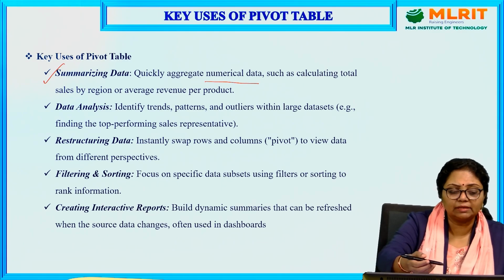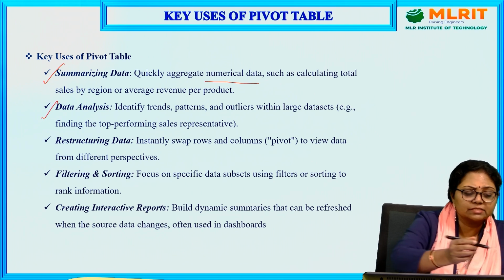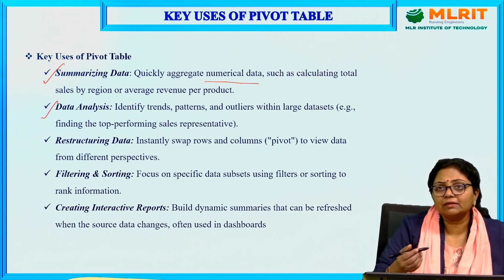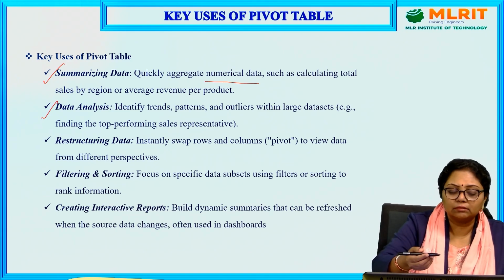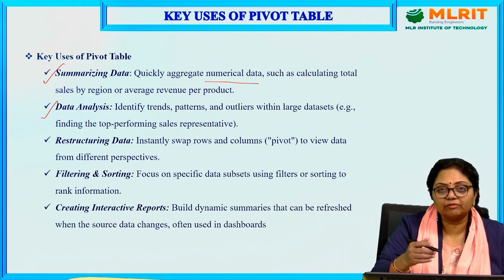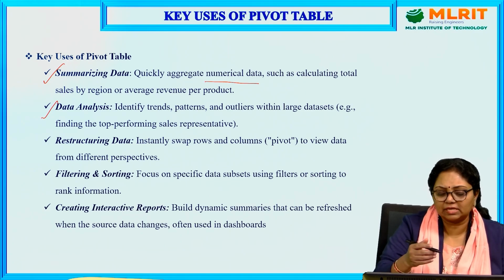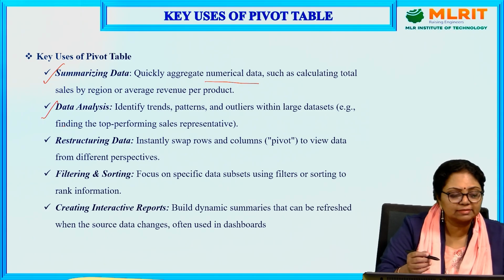So quickly we can aggregate the numerical data and summarize it. The second one is data analysis. We can identify different trends and patterns, for example, what are the top performing regions for sales. So data analysis can be done.